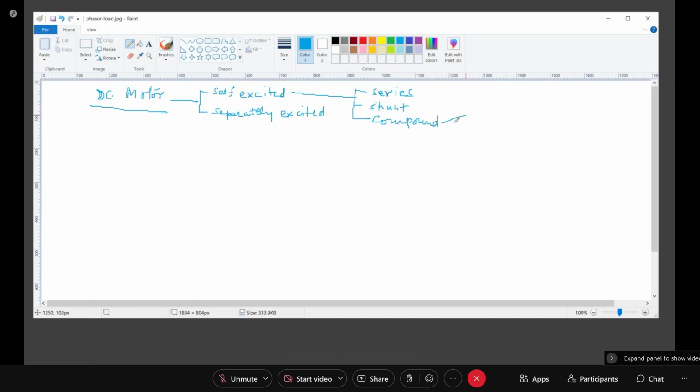And this can be further classified as cumulatively compound or differentially compound.